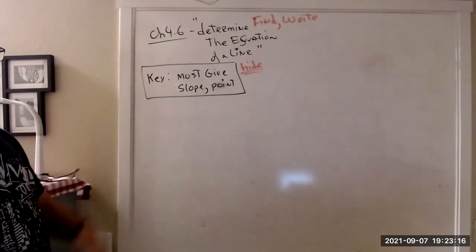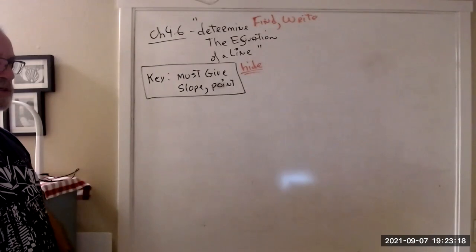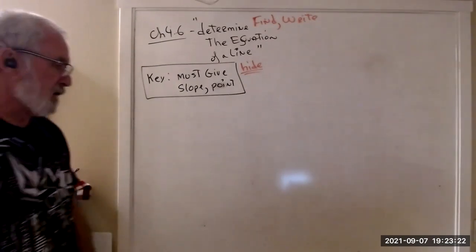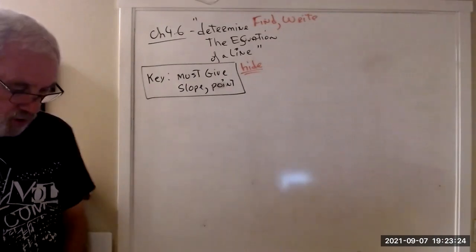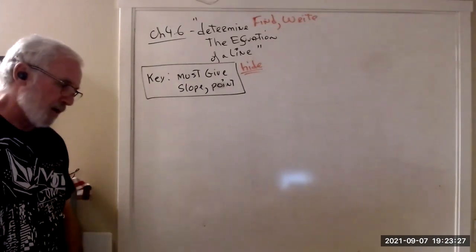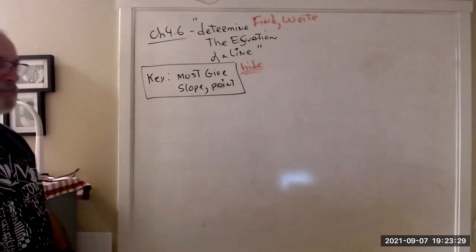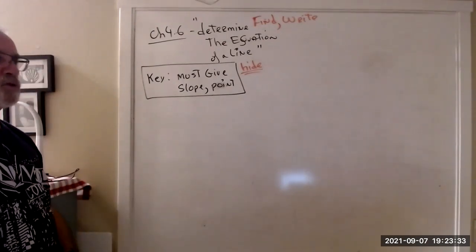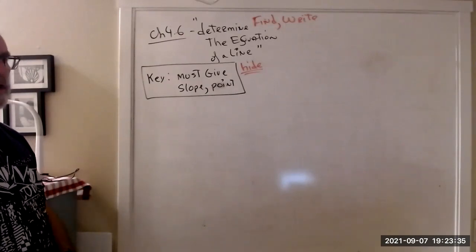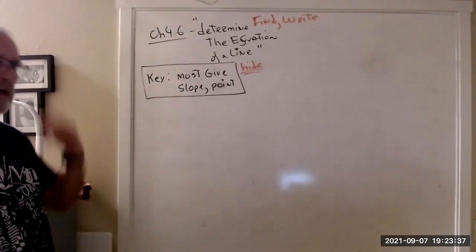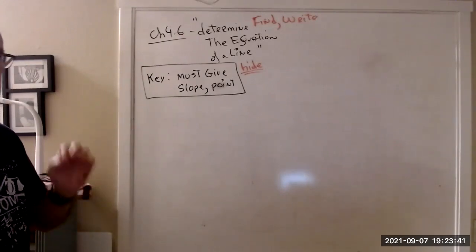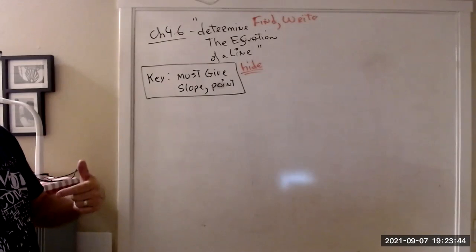So I want to walk you through a few basic problems. The technique I'm going to show you is the one preferred by most instructors and most students. It is absolutely not the one I prefer. There's a better, faster one, but it needs more memorization on your part.